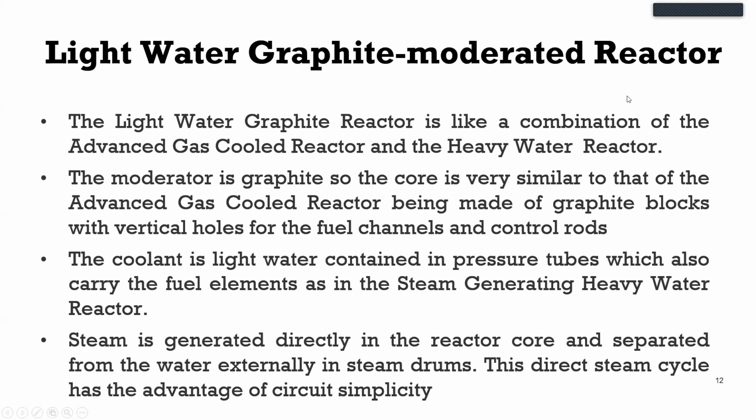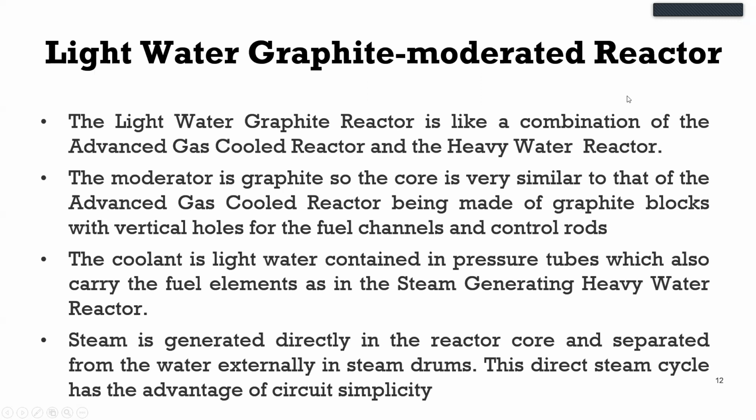So I would also like to talk about the light water graphite moderated reactor. The light water graphite reactor is like a combination of the advanced gas-cooled reactor and the heavy water reactor. The moderator is graphite, so the core is very similar to that of the advanced gas-cooled reactor, being made of graphite blocks with vertical holes for the fuel channels and control rods.